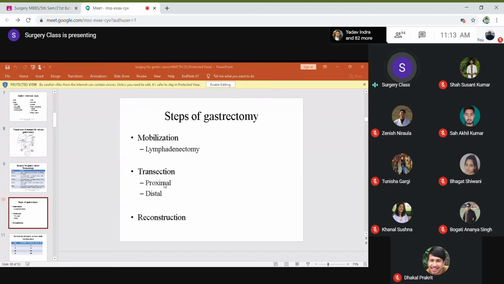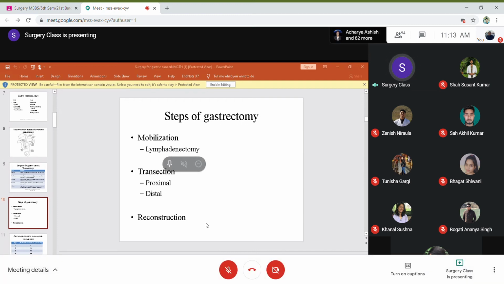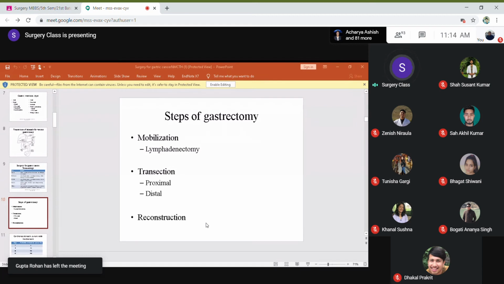You do a Billroth surgery for benign tumors also. If there is a benign ulcer in the antrum of the stomach, a large gastric ulcer more than 3 centimeters, or one which is not treated by medical treatment, you may have to resect that part of the stomach and do a Billroth 1 reconstruction.